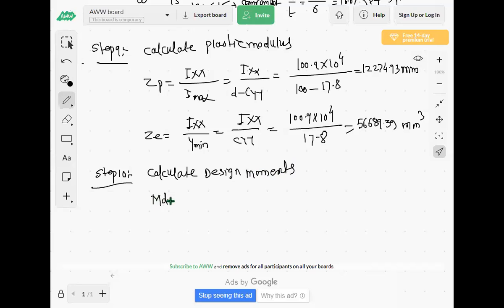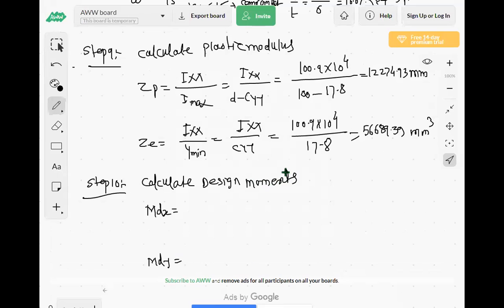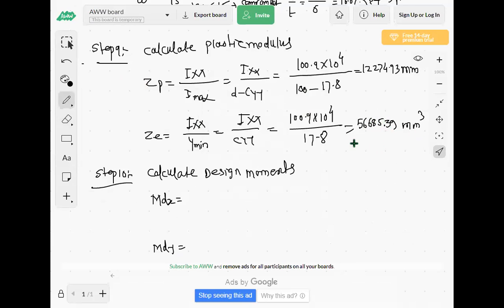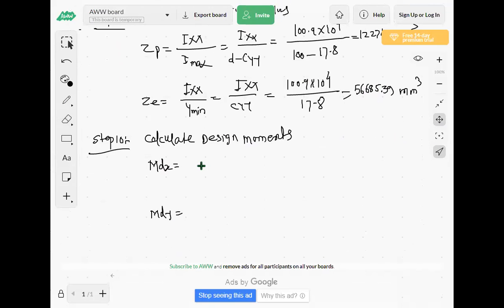So we have to calculate mdx and mdy. So here instead of 89, 85 is there. 85.39. So now step number 10 is calculate design moments for our calculated angle section.